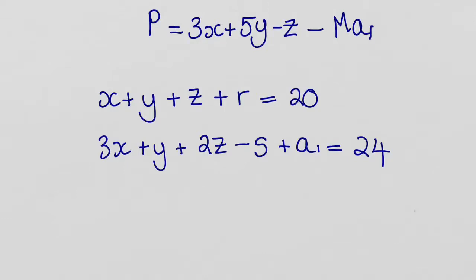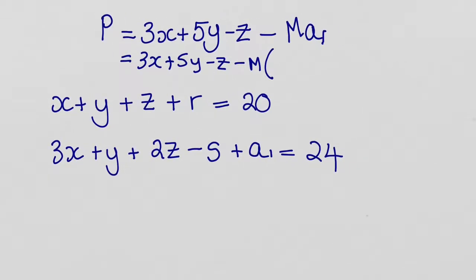And that A1 will need to be changed because I can't keep the artificial in the objective function, because remember, it doesn't really exist. So I'm going to put M and then brackets, and I wish I had a bit more space here. Let's see if I can move some of this over. That's a little bit better.